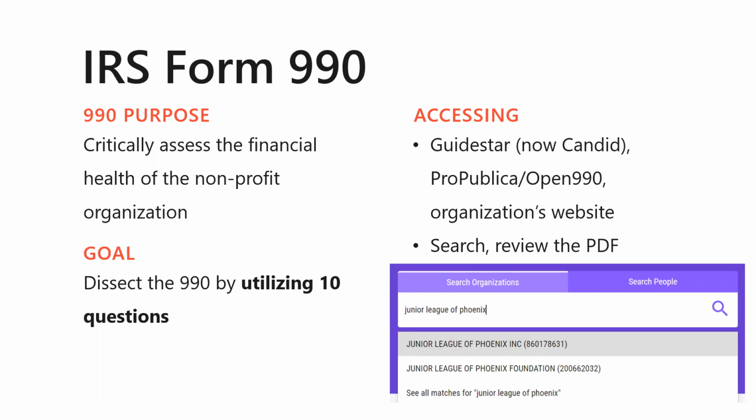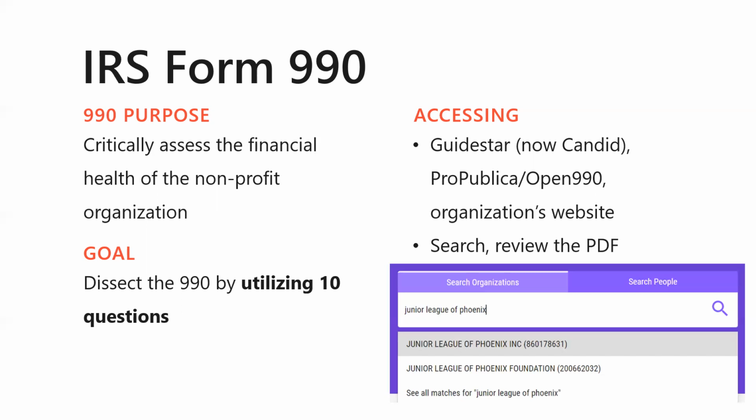Now, this is a tax form, so this is on a national level. So theoretically, any tax exempt organization would be filing this on an annual basis. The government says you need to file it at least 6 months after your fiscal year close, once a year. So theoretically, you would be able to find almost any organization's 990 to do this type of evaluation.